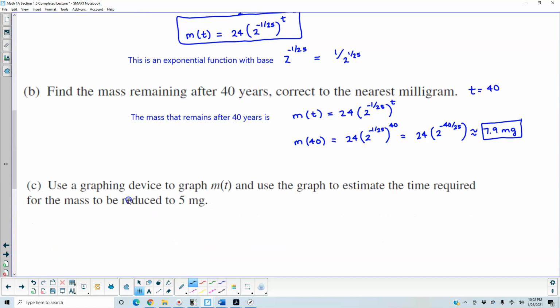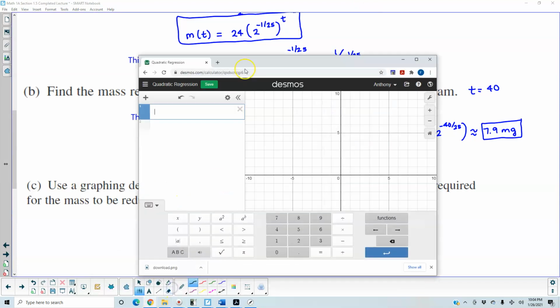So let's take a look at part C. Part C is asking us to use a graphing device to graph M of t, and then use the graph to estimate the time required for the mass to be reduced to 5 milligrams. So let's go ahead and put that in our graph. We're going to use Desmos. So we have 24 times 2 to the power of negative t, or we're going to use x, divided by 25.